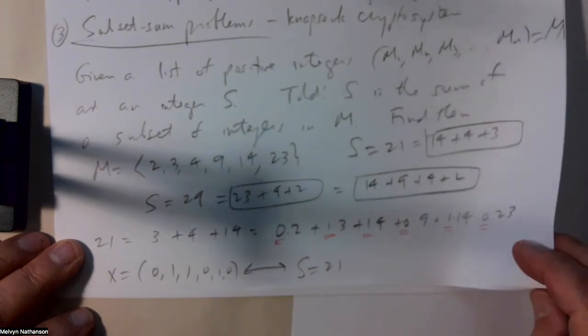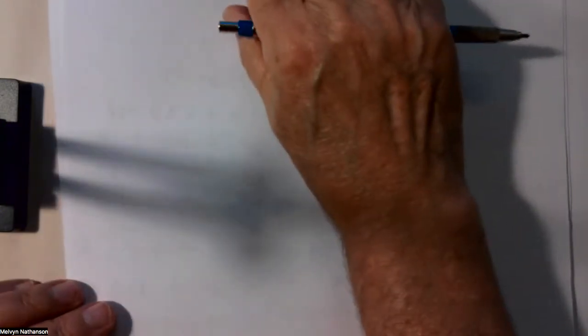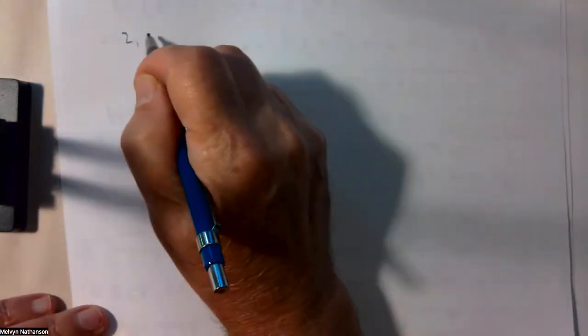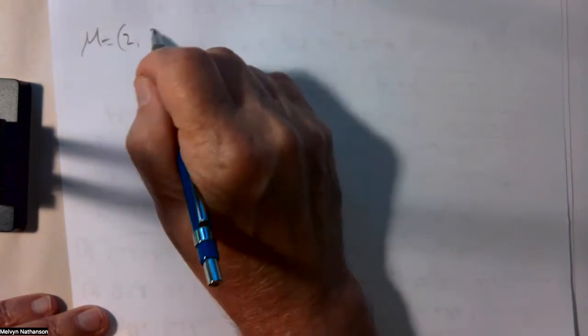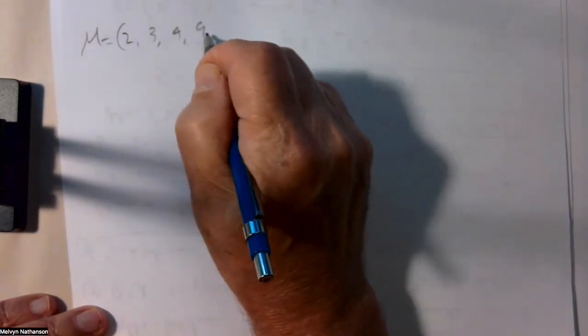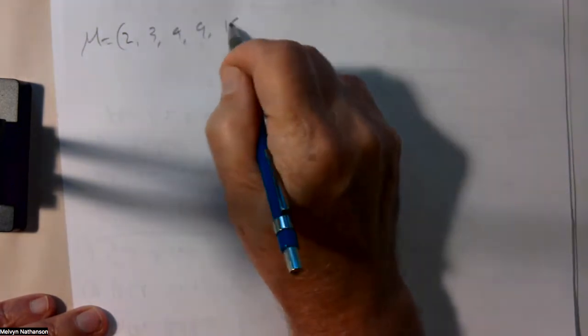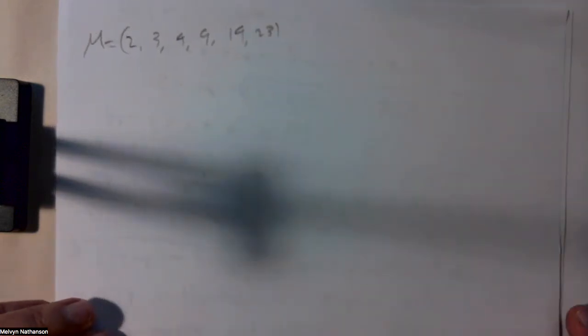So let's look at another example of that, just to make sure it's clear what I mean. Suppose I have, again, that sequence M, which is 2, 3, 4, 9, 14, 23. And let's say I have a message I want to send to someone. I can write every message as a number, and I can write every number in binary.